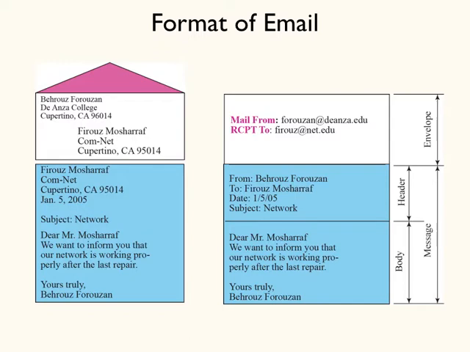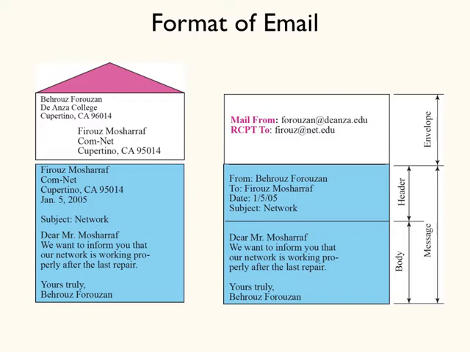There are also headers. The headers have more information, including who it is from, who it is going to, and some other data like the time it was sent, the subject, and also the body of the email.